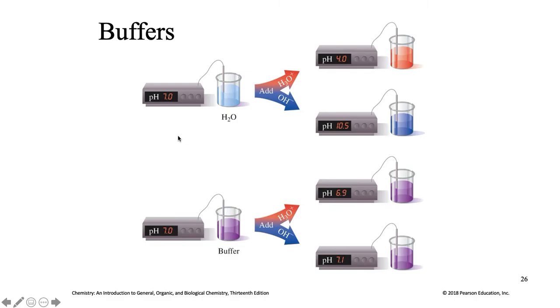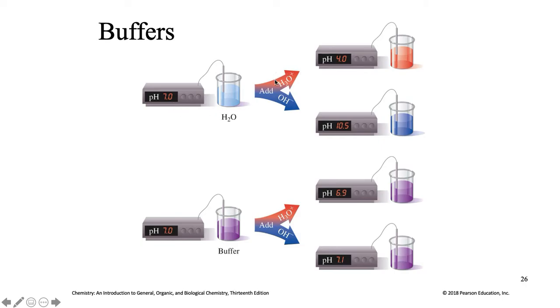So let's look at this picture here. If I just had a pH of 7 in a glass of pure water, I have nothing in it, and remember we said that pure water has a neutral pH. It's pH 7.